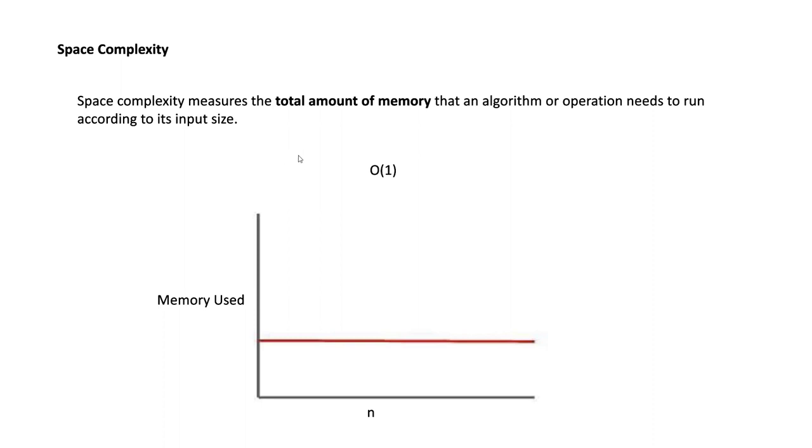Although as the number of inputs grows bigger, we don't use any extra space. We're just checking that array. There's no way we're going to have more than the original number of numbers, actually. So there's no extra space needed. I struggled getting that out, but it's O of 1.